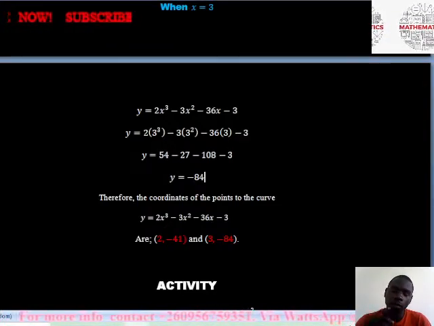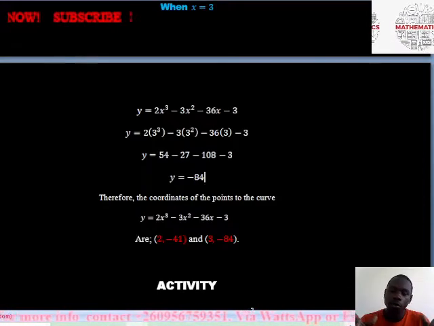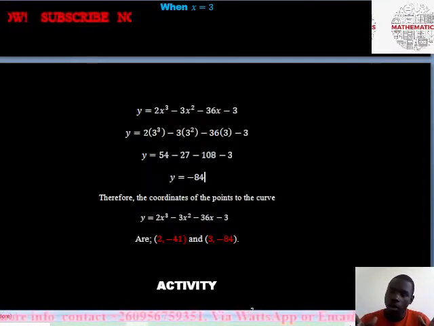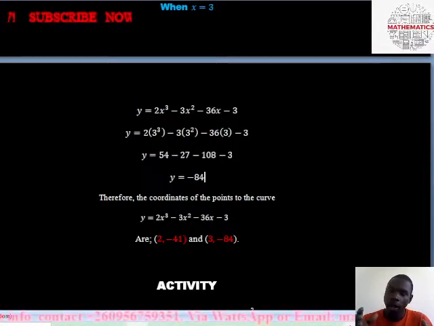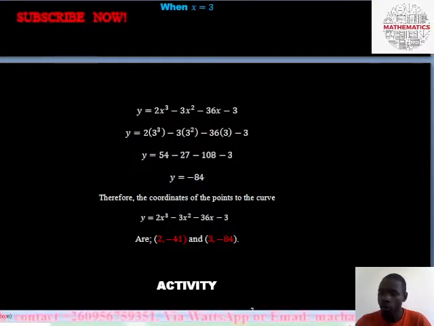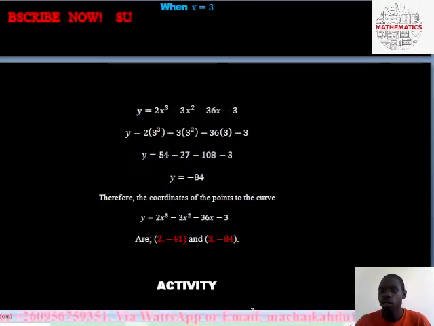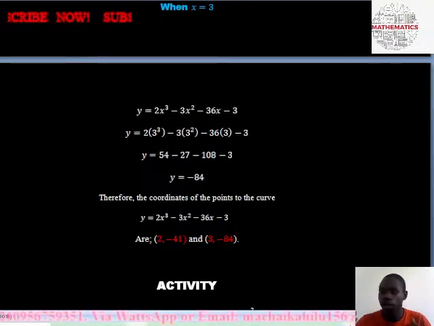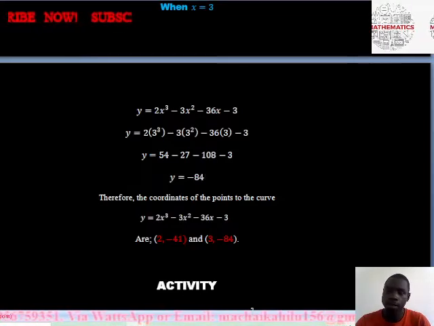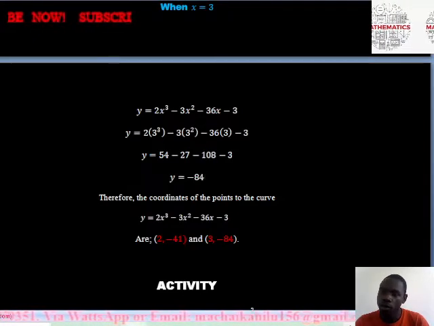After finding the value of y, you use the first value of x against the value of y. Same applies on the next coordinate. So that is how basically you can find the coordinates of the point. So you can do this exercise.